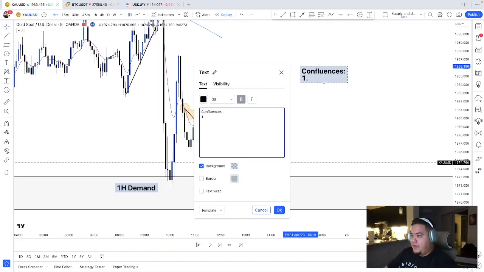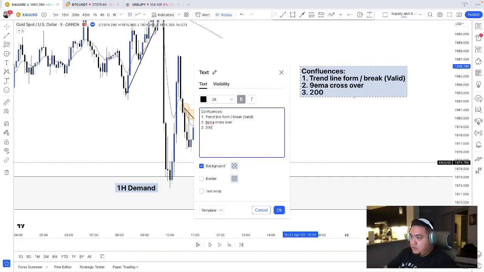So one, we have a trend line form, which ends up being a trend line break, which I'll show you. And it's a valid trend line. It's very important. Two, the 9 EMA crossover, which I'm about to show you guys.